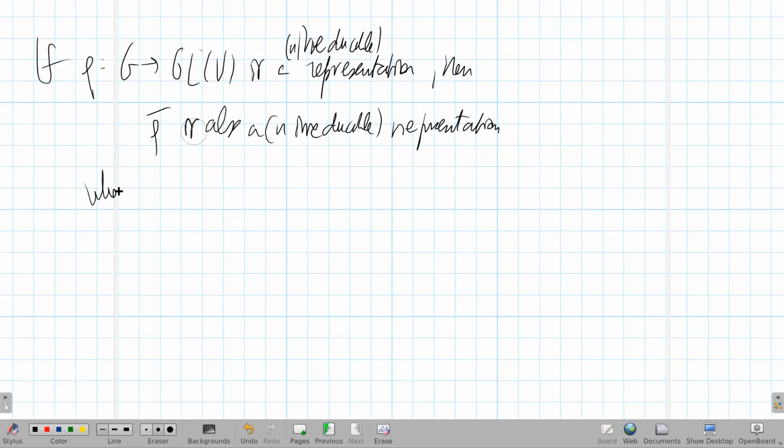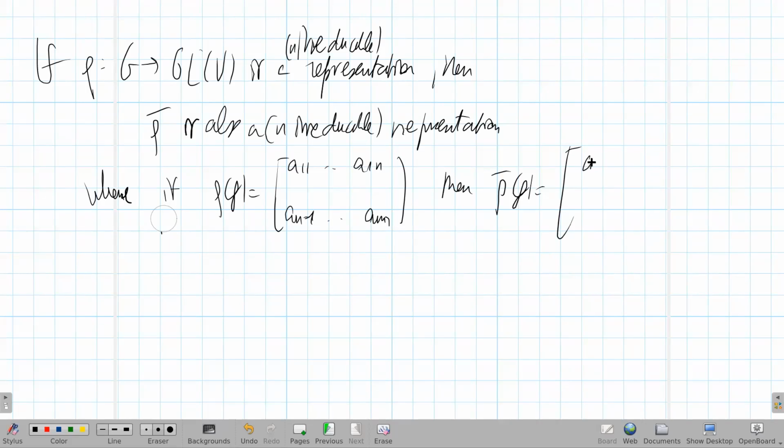What's rho bar? Well, if rho of g is, I'll write just some numbers, then rho bar of g is simply what you get if you apply the complex conjugate to all elements.